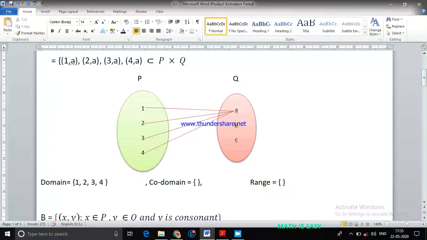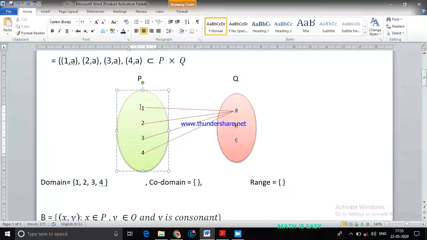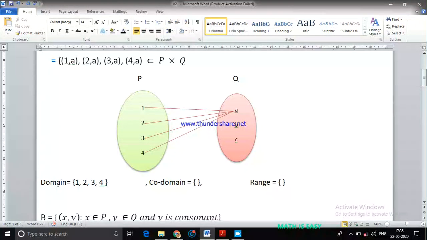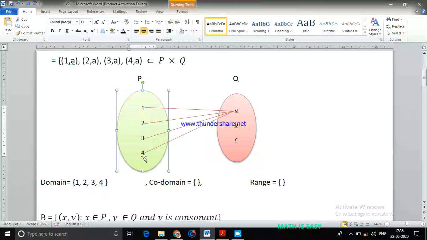Okay. If any element of P has no mapping, then that element will not be included in the domain. Okay, domain is a subset of P, or it can be the same as P. I have to consider the elements of P which all have the mapping with the elements of Q.